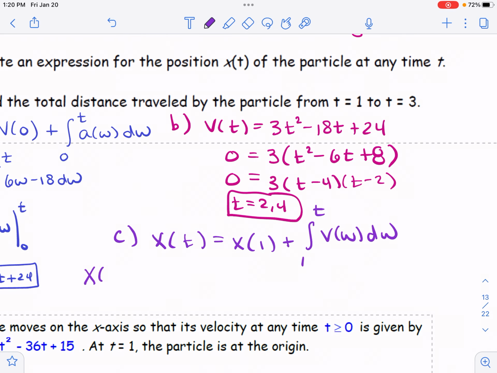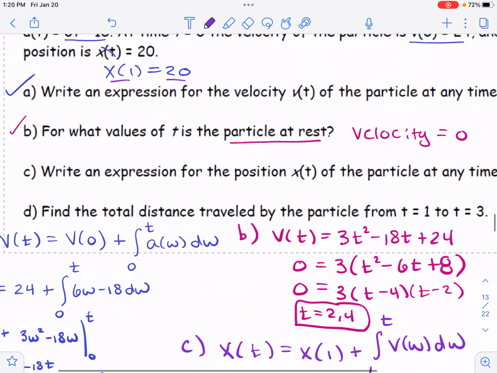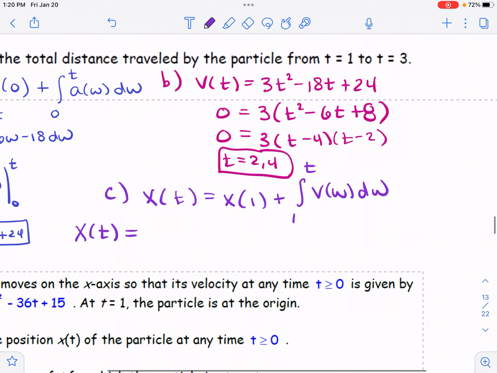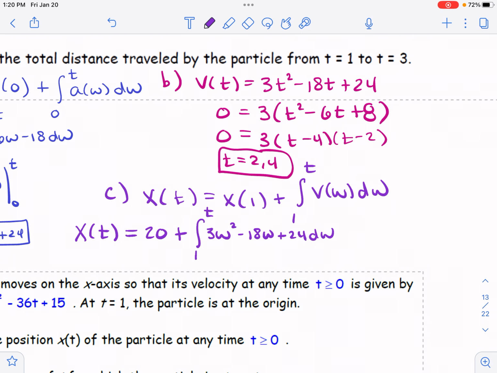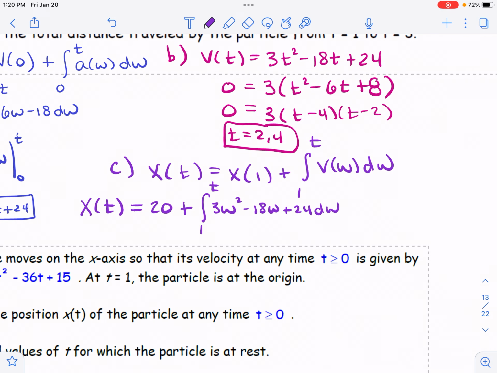So x of t is equal to my position at time 1, they told me was 20, plus the integral from 1 to t of my velocity function, 3w squared minus 18w plus 24 dw.